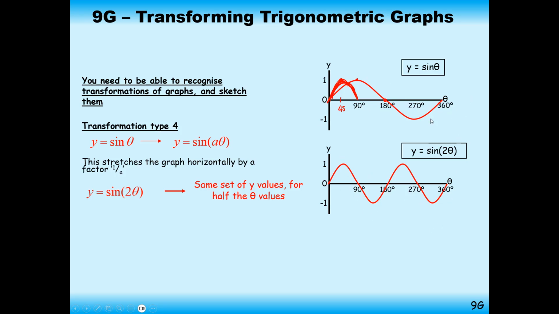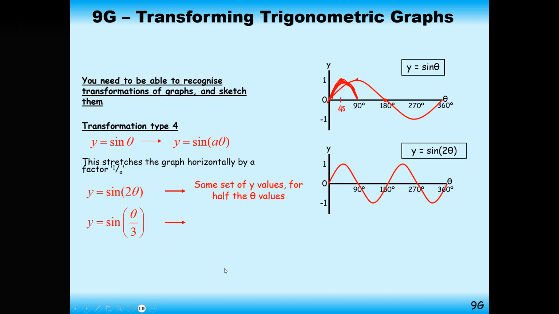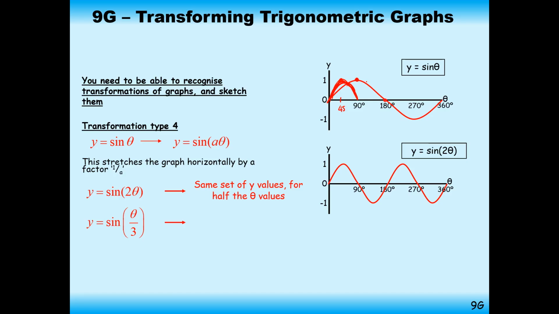Okay, so go ahead and learn how to sketch graphs for trigonometric functions. With a scale factor of a third inside of the bracket, it will actually stretch the graph outwards. So this original 90 degrees will be three times further out. All right, so what's 90 times 3? 270.